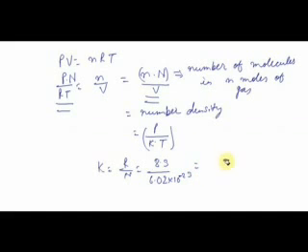So this will be 1.38 into 10 to the power minus 23 joule per Kelvin. So the formula for number density is P by kT, that is at any given pressure and temperature the number of molecules per unit volume of a gas will be equal to P by kT.